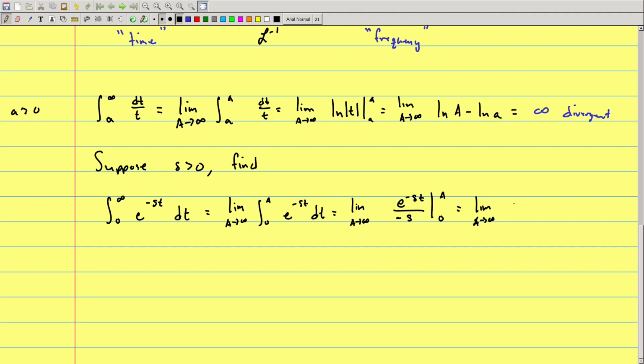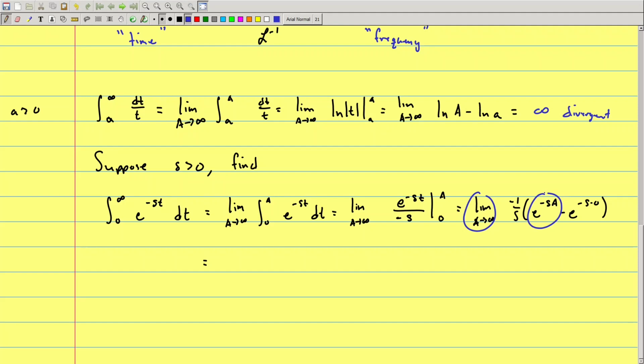We have our limit here. We can factor out the negative 1 over s. We have those two expressions here with negative s times a and then negative s times 0. We can take the limit. This is the only thing where the limit matters, right?